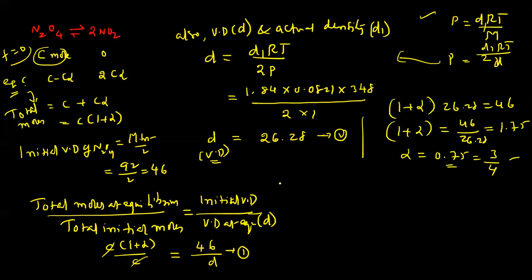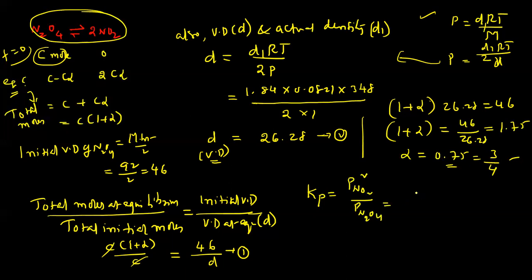Now the aim of the problem is to find the equilibrium constant of this given equation, that is dinitrogen tetroxide. The Kp value is, after doing the substitutions, the partial pressure of NO2 power 2 by the partial pressure of N2O4.